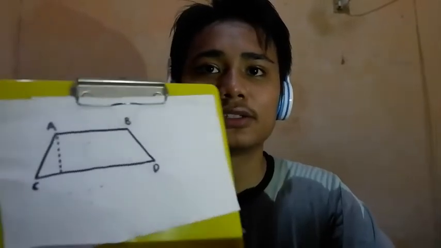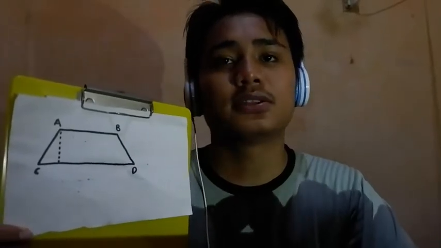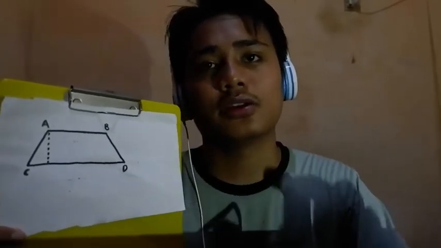The diagonals of an isosceles trapezoid are congruent. Okay, I think all of you can understand the proof of this theorem. You can also read the book.